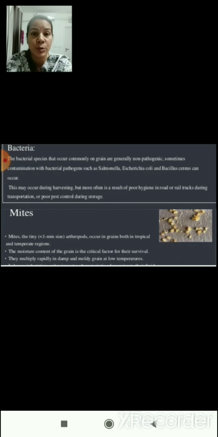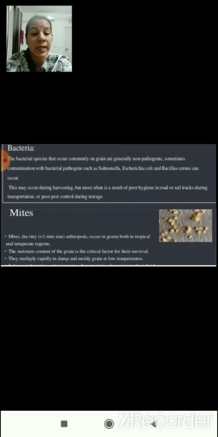Now let us discuss another biotic factor, that is mites. Mites are very small in size. They can be less than 1 mm in size, and these are arthropods, and they occur in grains both in tropical and temperate regions. The moisture content of the grain is the critical factor for their survival.